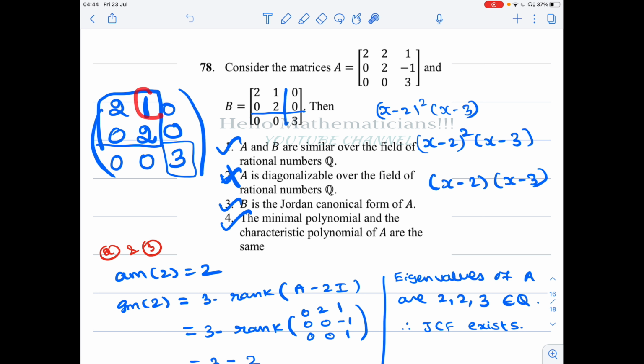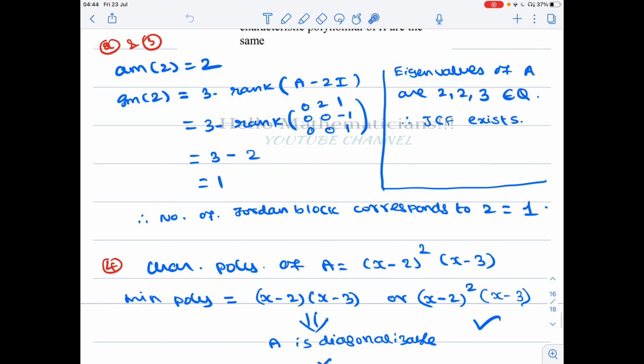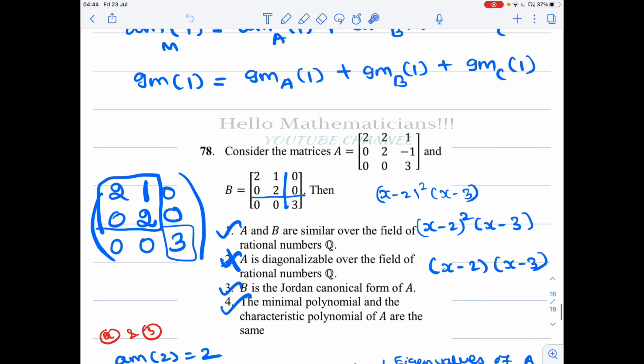Suppose this entry is 0, then this will be a block and this will be a separate block. That would mean that there are two blocks corresponding to the eigenvalue 2, but we know that since 2 has geometric multiplicity 1, there should be only one block. That means these two 2s should be together, meaning this should be a 1.